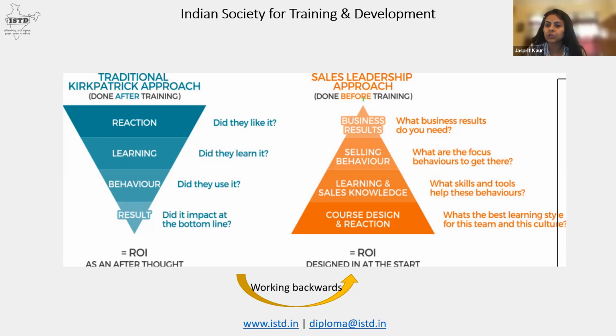Ma'am, what you showed with these two triangles clearly shows that to achieve all this, we need to really focus on the learner analysis. The more we know about our learners, the more we can achieve this model. First is learner analysis. Before that, we should understand what the business need is. Yes, ma'am. Learner analysis comes after that. Not yet.